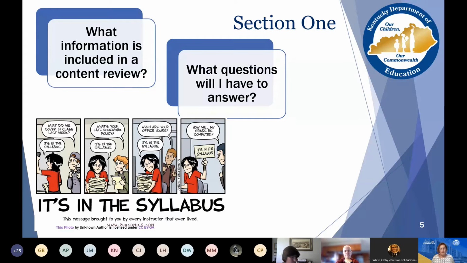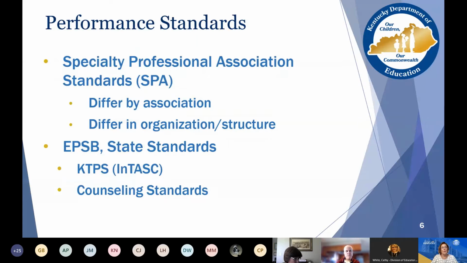So we're going to move into the whole issue of SPA standards and what we're looking at. The key responsibility of content reviewers is their knowledge of the specialty content standards. So we call those SPA, the Specialty Professional Association Standards. This is why we have you, because you represent a wide variety of experts in different content areas.